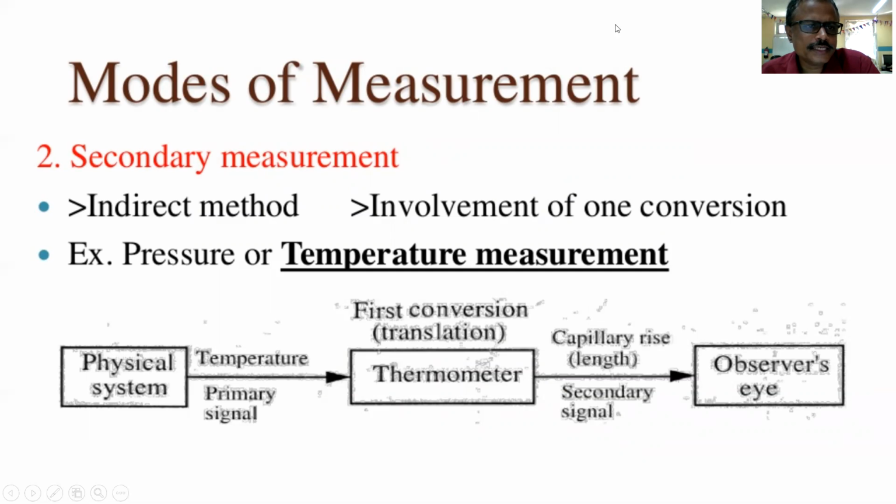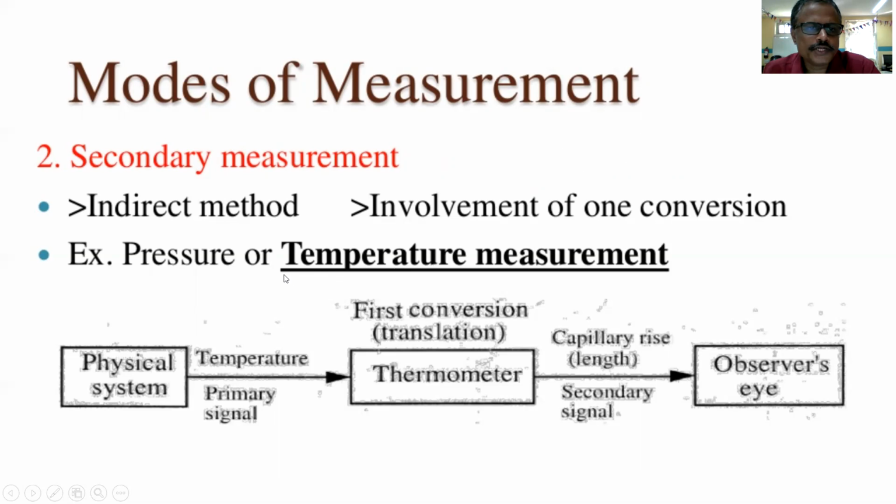It is also called the indirect method. Why is it called indirect? You are not measuring the variable directly. That means you will be converting the variable into some other type of variable, and that one you will be measuring. So in secondary measurement, it involves one conversion.